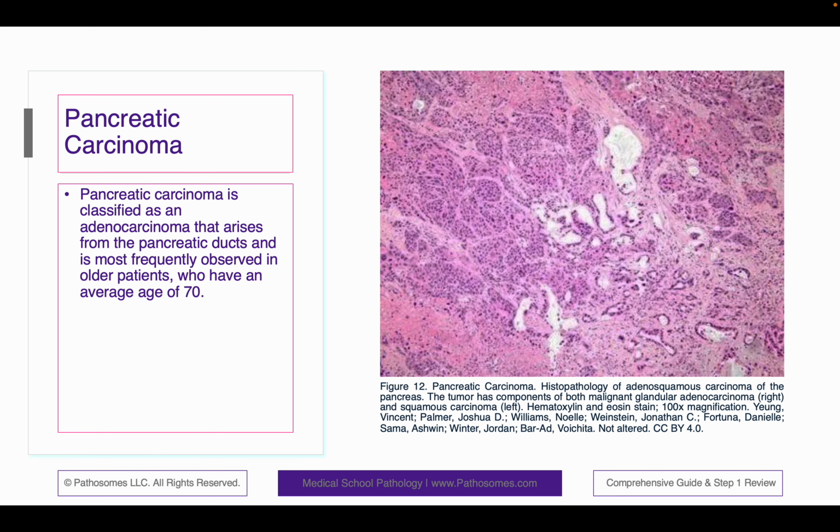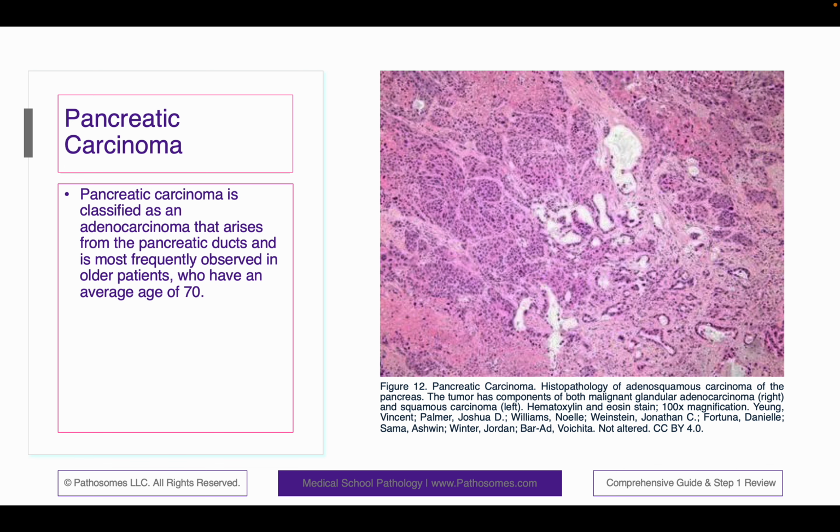To the right here, we can see the histopathology of acinar cell carcinoma of the pancreas. And to the right here, we can see pancreatic ductal adenocarcinoma in various panels.